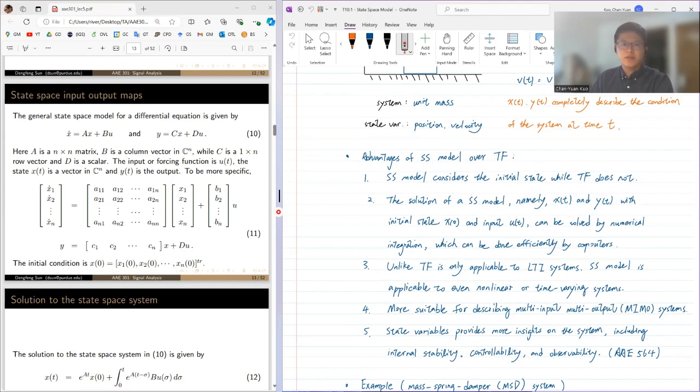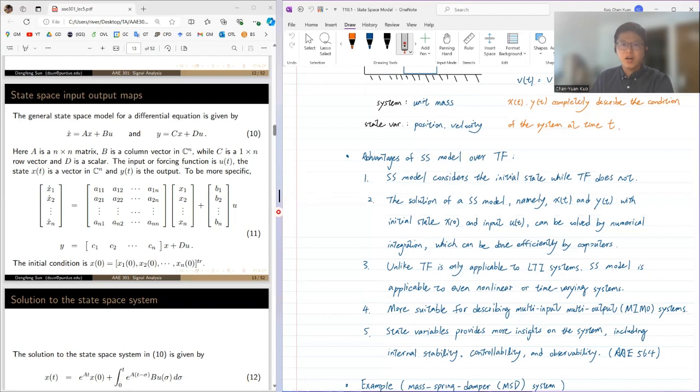Second, the solution of a state space model, namely the state x of t and output y of t associated with initial state x of 0 and input u of t, can be solved by numerical integration, which can be done efficiently by computers. On the other hand, obtaining the output y of t associated with the input u of t from the transfer function requires operations like partial fraction and Laplace transform, which are time-consuming to compute.